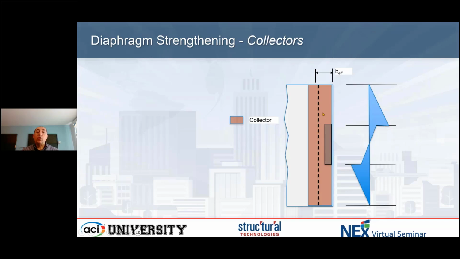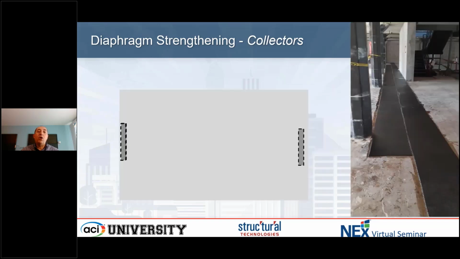But the difference here between this collector and chord is the collector is almost under axial tension, right? The flexure is really in bending, so strain is maximum and then reduces. Collector is slightly different. There are some different theories about that as we figure out how to design for the FRP. But because of that, the design requirement for FRP for collectors is a little bit different, right?